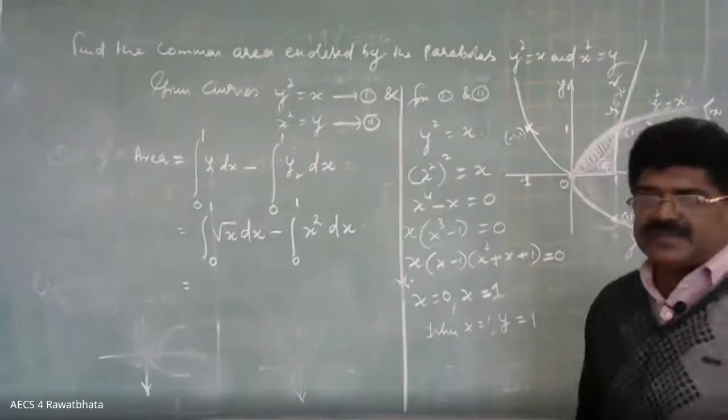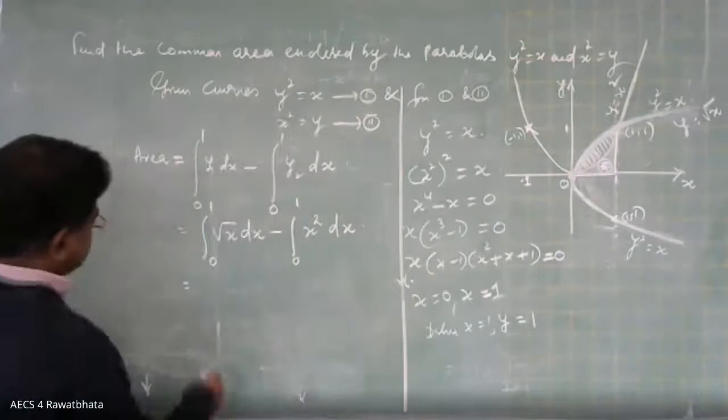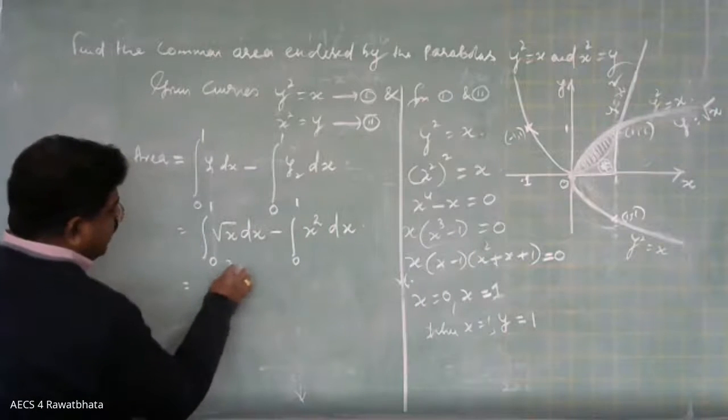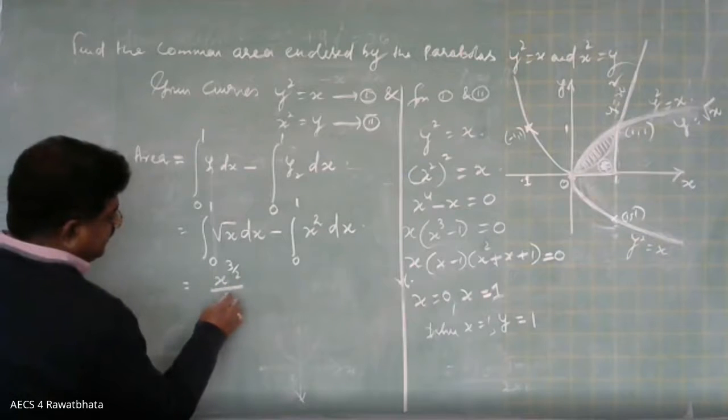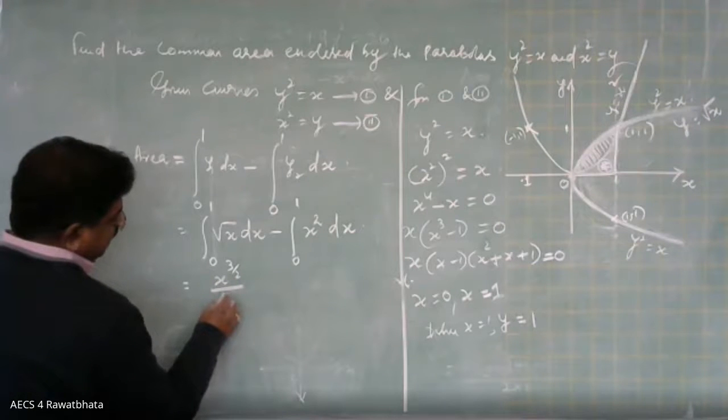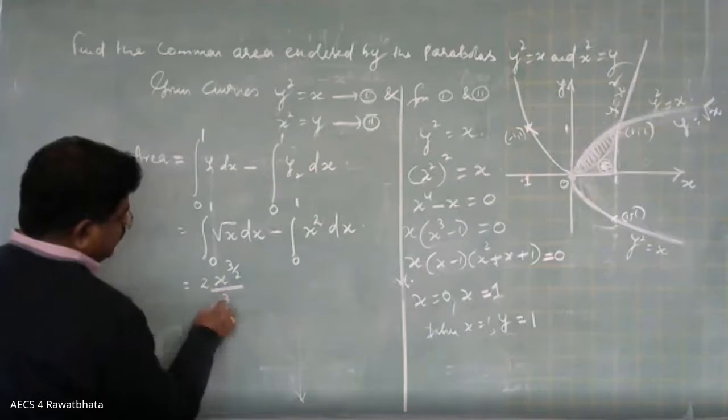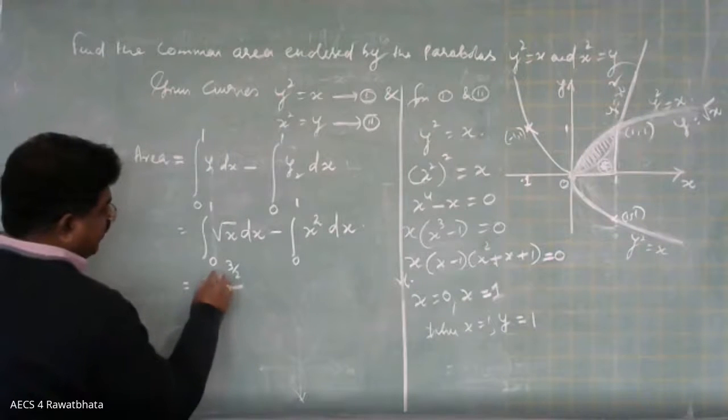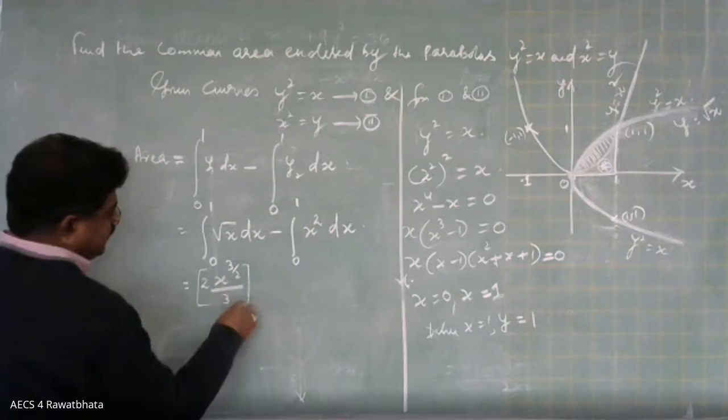Yes, sir, what about integration of root x? 2 by 3 into x to the power 3 by 2. That is 2x to the power 3 by 2 upon 3 by 2, that is 2 by 3 times x to the power 3 by 2. And what about the limit? 0 to 1.